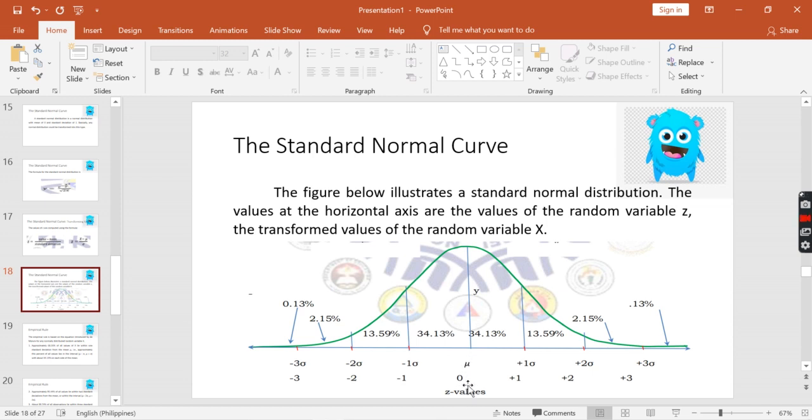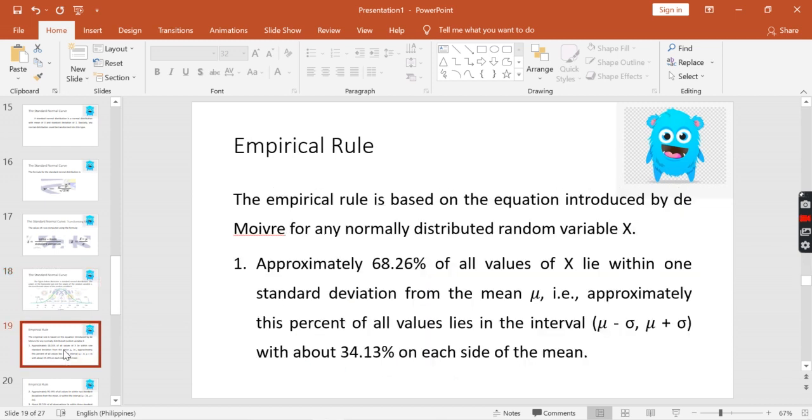And 0 is its counterpart to the mean, because according to the earlier definition, a standard normal curve is a normal curve with a mean of 0 and a standard deviation of 1. That's why, as you can see, the interval from 0 to 1 is 1, 1 to 2 is 1 again, 2 to 3 is 1, and going to the left, another 1. So if you count 0, 1, 2, that's why the standard deviation is 1.